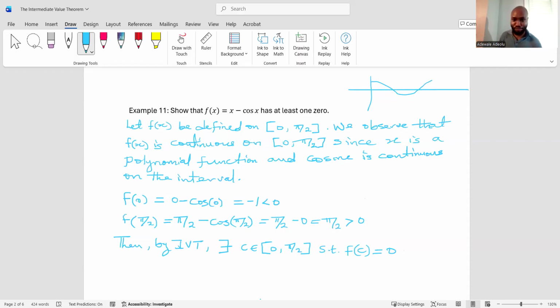So if you put this function in decimals, you plot it all on your graphing calculator, you will see that it is going to pass through the x-axis on that region 0 comma pi over 2. So the question that you may have is, how do I pick that interval? How do I know the interval that will work?